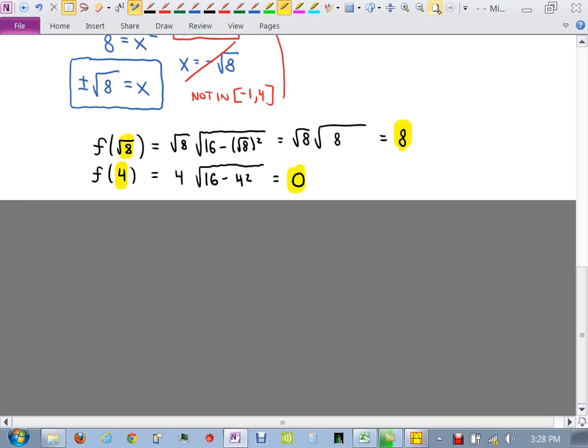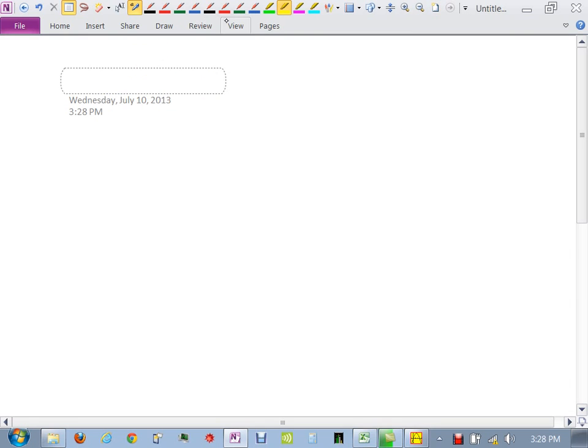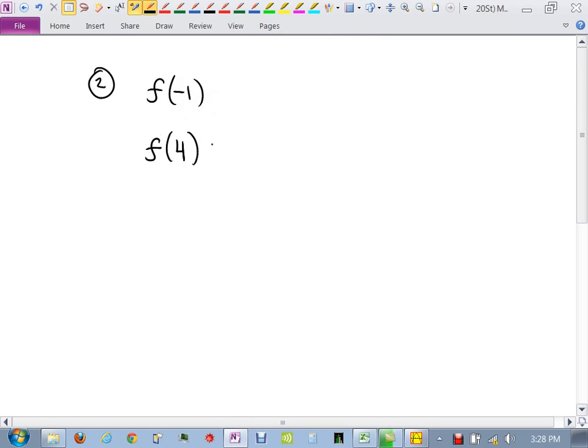Okay, when I go to step 2 now, what I need to do is check the endpoints. I need f of negative 1 and f of 4. But I already know f of 4 was what? 0? So I don't need to do that again. That's what I was saying just a second ago. F of negative 1, though, is negative 1 times the square root of 16 minus negative 1 squared.